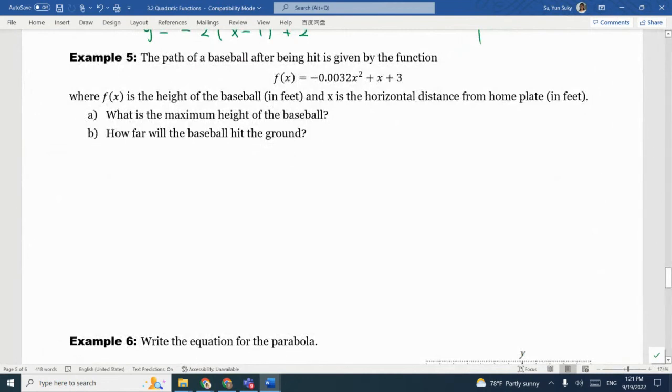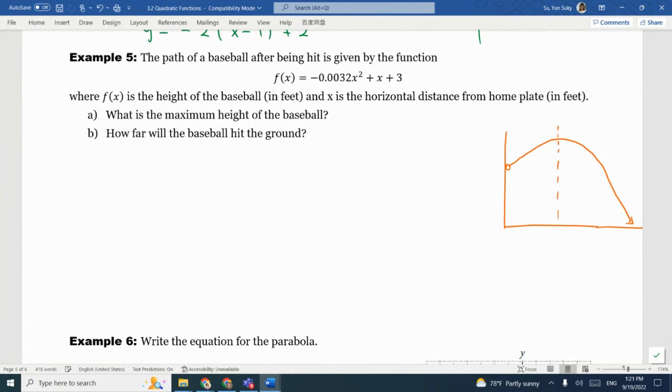The path of a baseball after being hit is given by the following function, where f(x) is the height of the baseball in feet, and x is the horizontal distance from the home plate in feet. What is the maximum height of the baseball? So we hit the baseball, and then it goes up, like that.